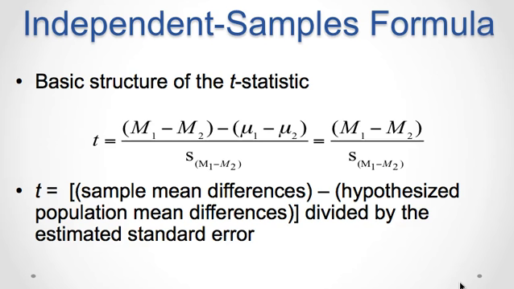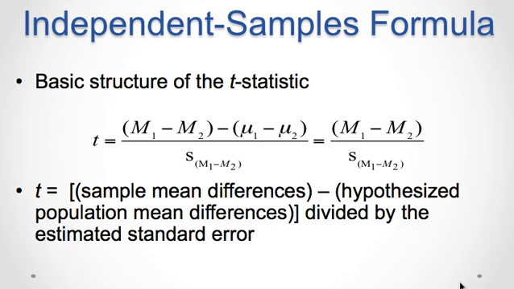In the formula for an independent samples t-test, we subtract the mean difference between the sample means M1 minus M2 from the mean difference stated in the null, mu1 minus mu2, which is actually always equal to 0. This simplifies our numerator so that we just have to calculate the mean difference between the sample means.